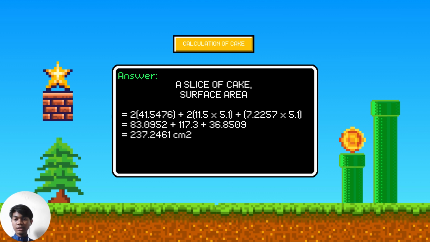Like here, 2 times 41.5476 close bracket, plus 2 times 11.5 times 5.1 close bracket, plus 7.2257 times 5.1 close bracket, and we solve everything. At the end, we get the final answer, which is 237.2461 cm square.